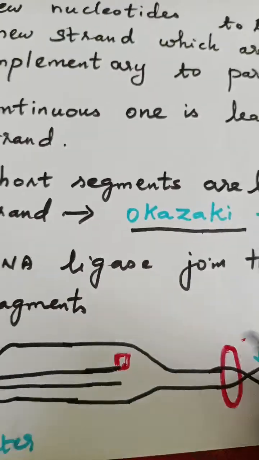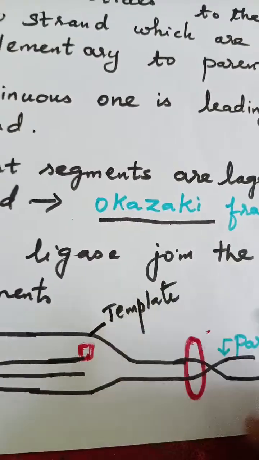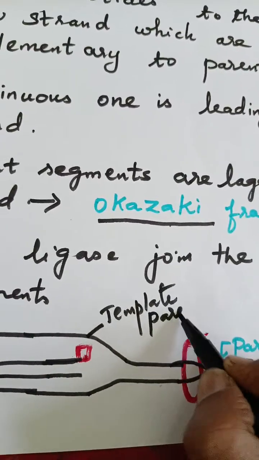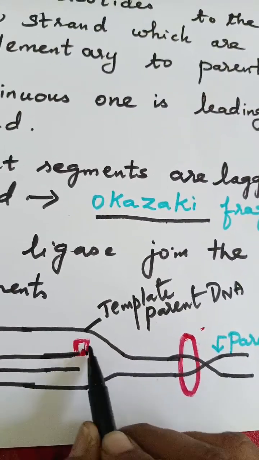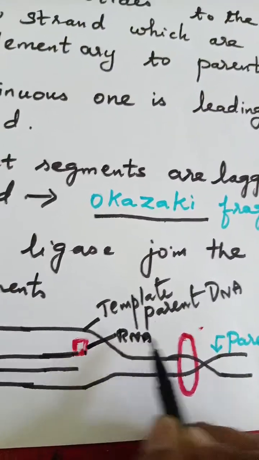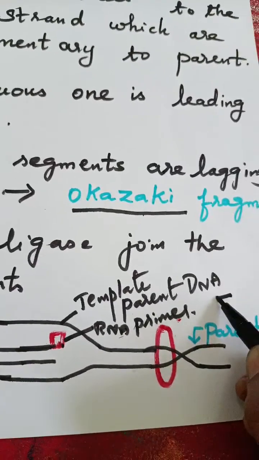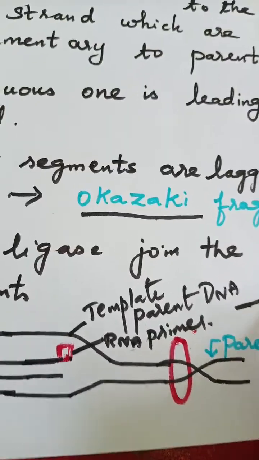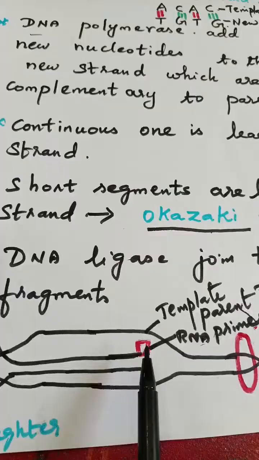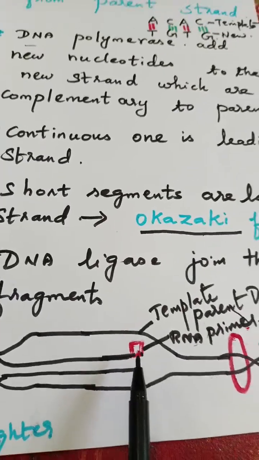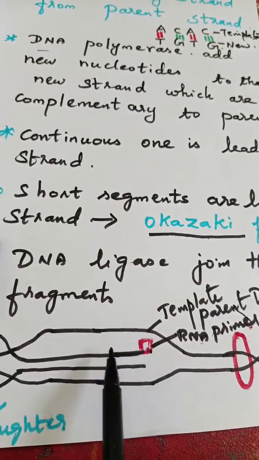So this is the template, that is the parent strand. This is known as the parent DNA. And what is this? This is the RNA primer. It is also synthesized by the parent DNA. Clear? And then what will happen? The RNA primer will initiate the process and slowly the complementary strand will be produced.